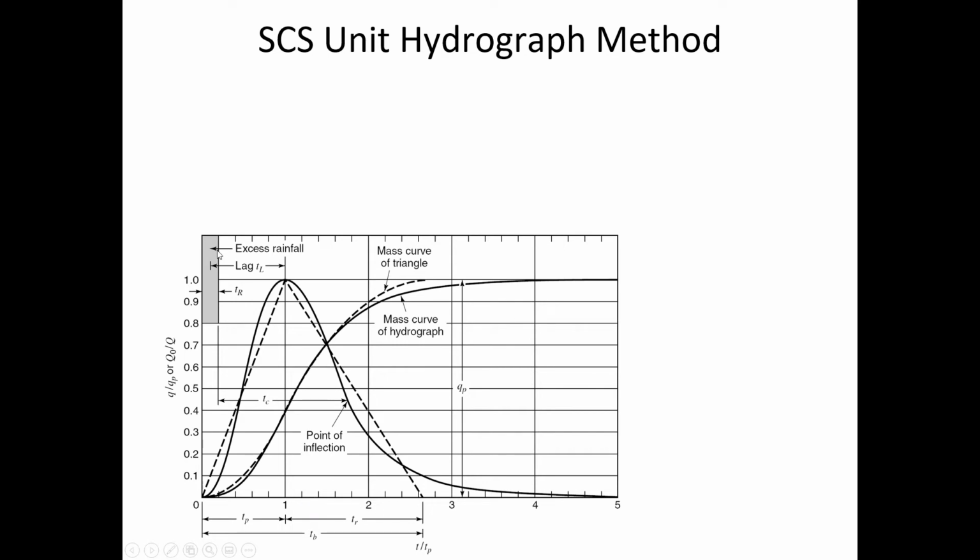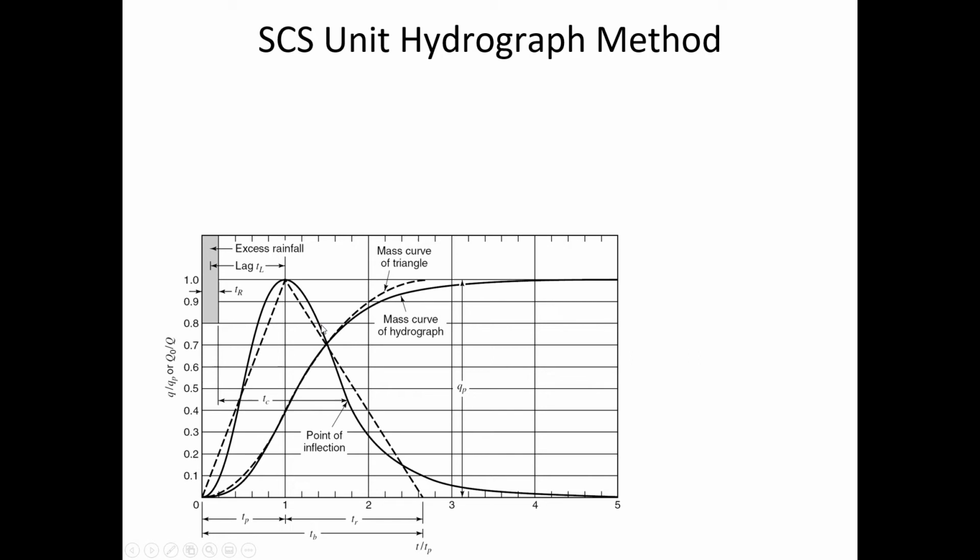And so rather than just making a strict triangular distribution, they said, well, we can generally count on the fact that it doesn't instantaneously start flowing and increase linearly. So they had this tapered, gradual lead-in where there's a curve rather than the triangle, but the area under the curve is still mostly triangular.